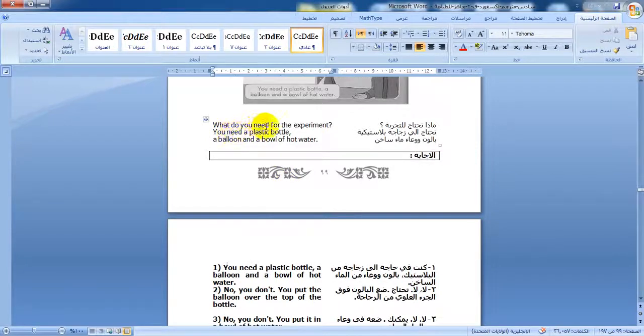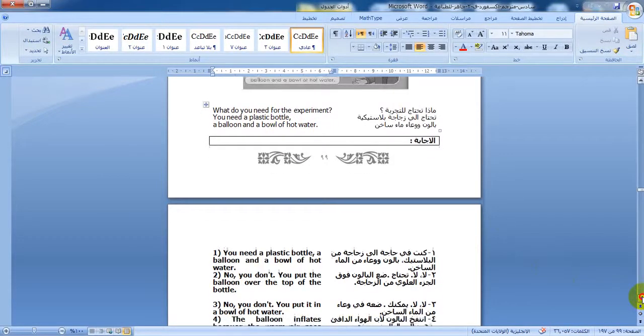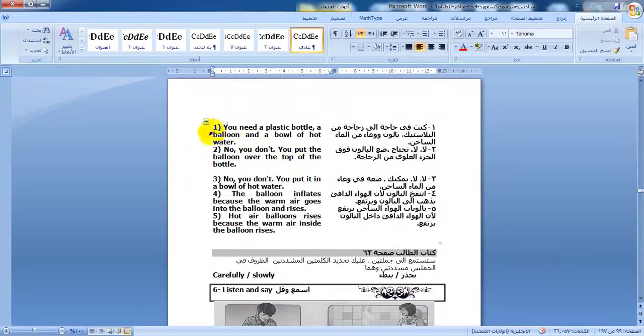What do you need for the experiment? 1. You need a plastic bottle, a balloon, and a bowl of hot water. 2. No, you don't.